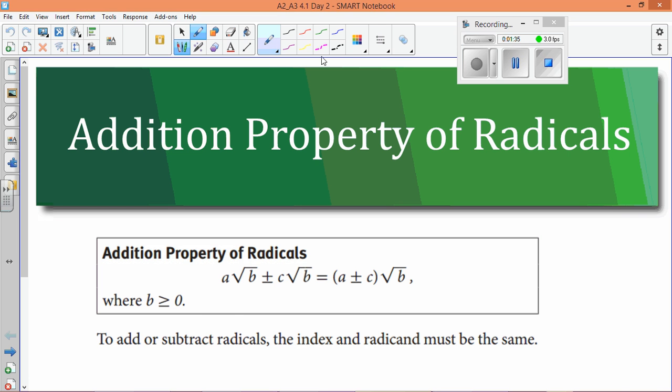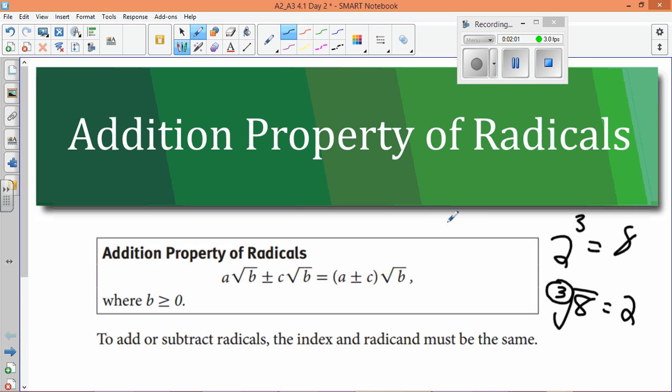If I have 2 cubed, that's equal to 8, and in the same way that I'm taking the square root, I can take the cubic root. The index is up here, right on the top of the radical sign. If I take the cube root of 8, that's equal to 2. So the cube root undoes cubing the same way that the square root undoes squaring.